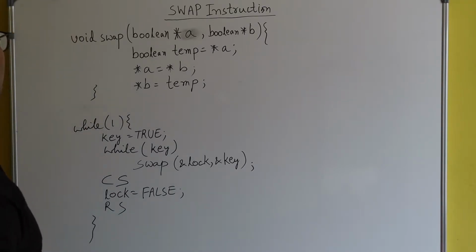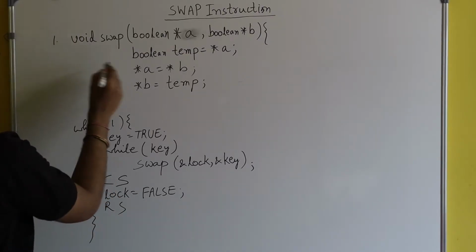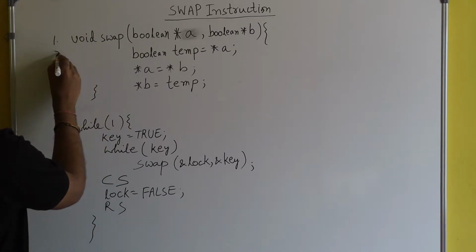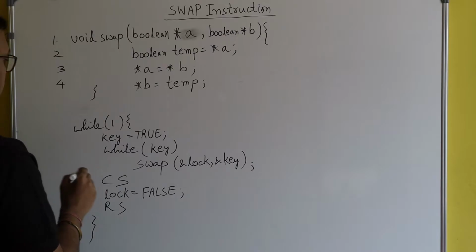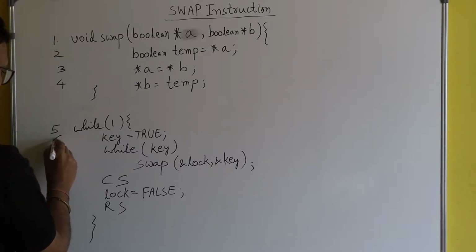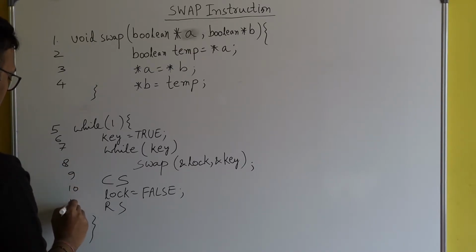So I think I should give the line numbers. Let's give line number 1, 2, 3, 4, then 5, 6, 7, 8, 9, 10, 11.